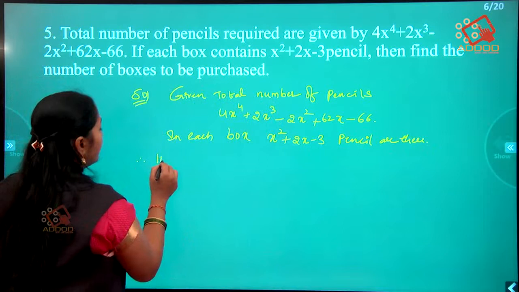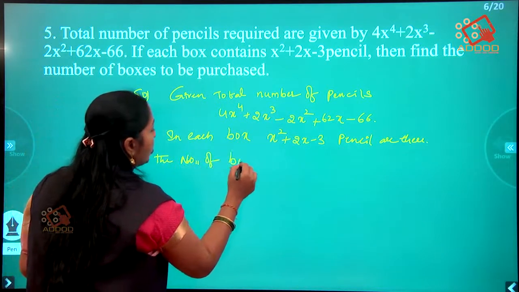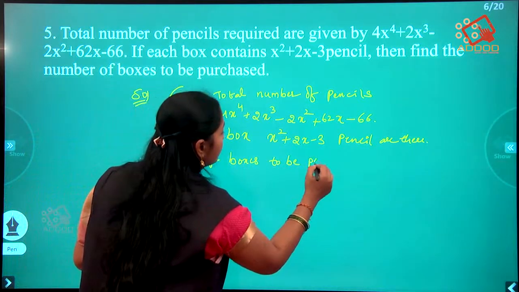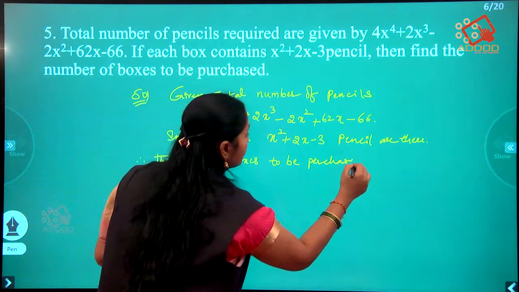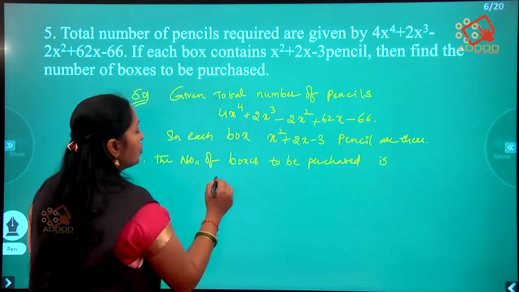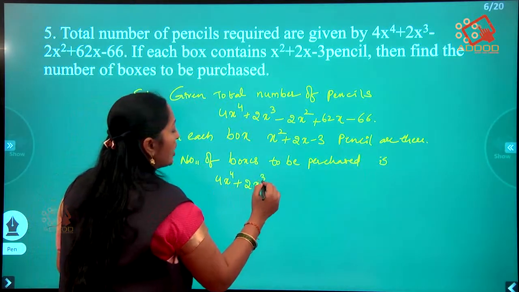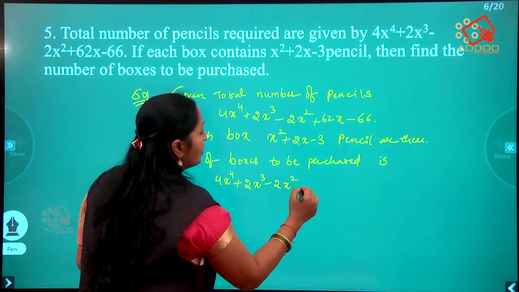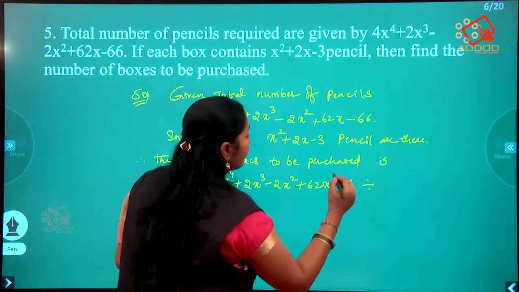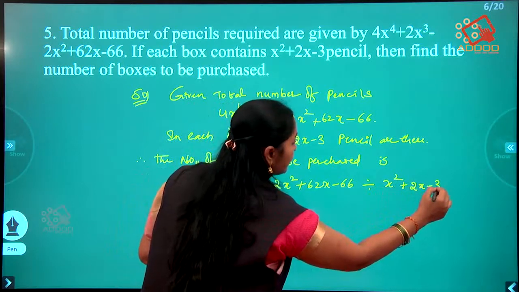Therefore, the number of boxes to be purchased is 4x power 4 plus 2x cube minus 2x square plus 62x minus 66 divided by x square plus 2x minus 3.